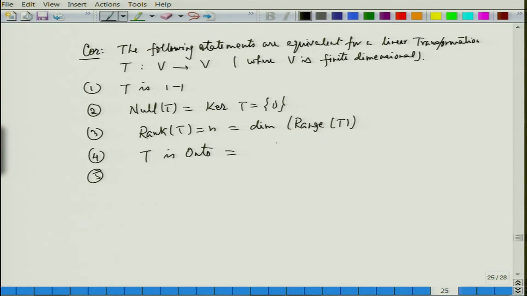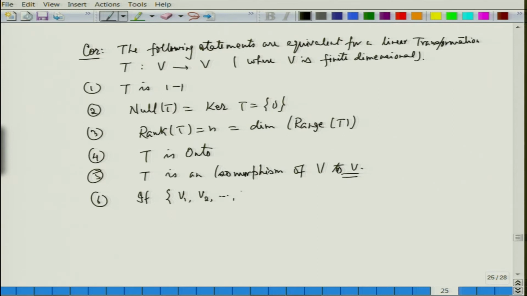Which is same thing as saying that, all right, I have already said dimension of range, T is onto, T is an isomorphism of V to V itself, all right, V to V itself, different basis. 6, if v1, v2, ..., vk is a linearly independent set, then T of v1 till T of vk, all right, is also linearly independent.